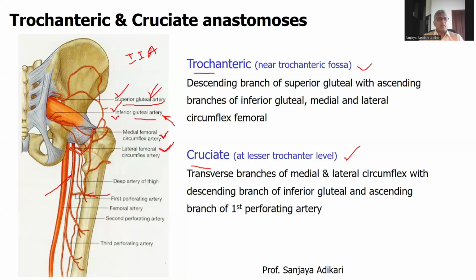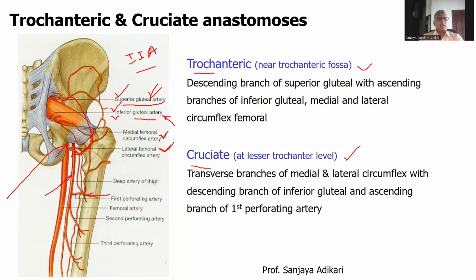If the femoral artery is obstructed at a proximal place, blood can deviate from the internal iliac artery, go through the trochanteric and cruciate anastomosis, and enter the profunda femoris artery, or the deep artery of the thigh, through the lateral and medial circumflex femoral arteries and the perforating arteries, the first perforating artery.